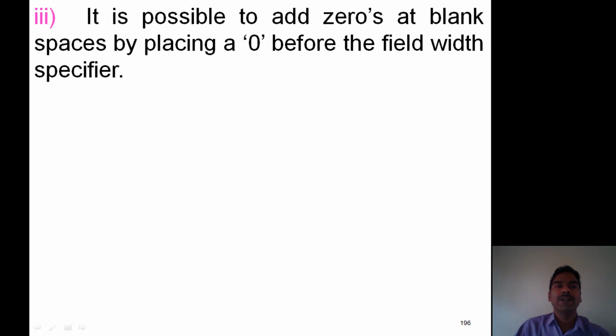Next one. In the previous case, 2 blank spaces arise. It is possible to add zeros at the blank spaces by placing a 0 before the field width specifier. So if we add 0 before the field width specifier while printing, any blank spaces that arise are automatically filled with 0 by the compiler.